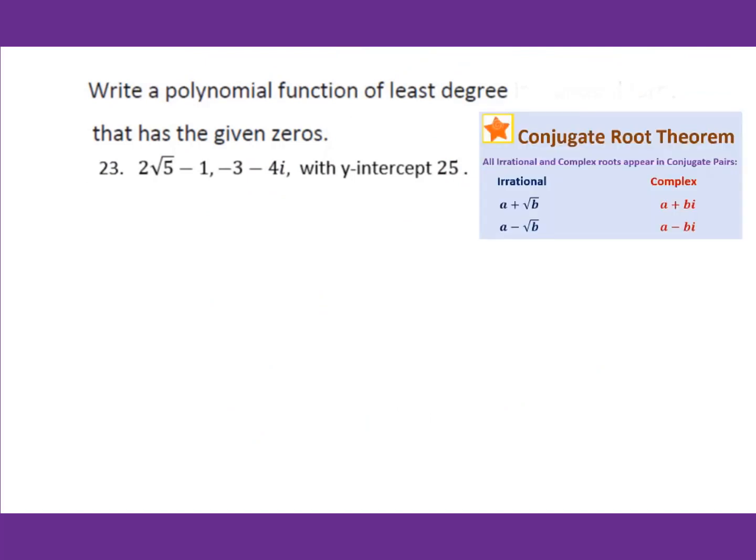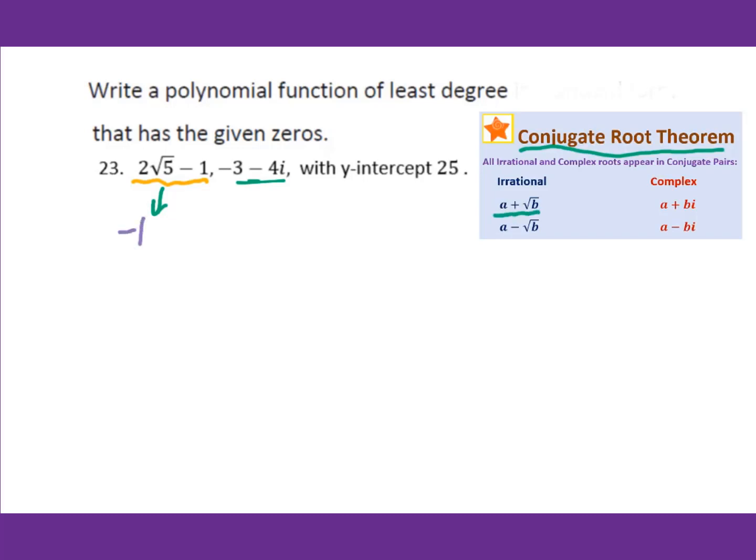Now let's go to 23. The roots are given: 2 square root of 5 minus 1 and also negative 3 minus 4i. Remember, we have a conjugate root theorem. Therefore, the conjugate for 2 square root of 5 minus 1, we change into a plus square root of b form.